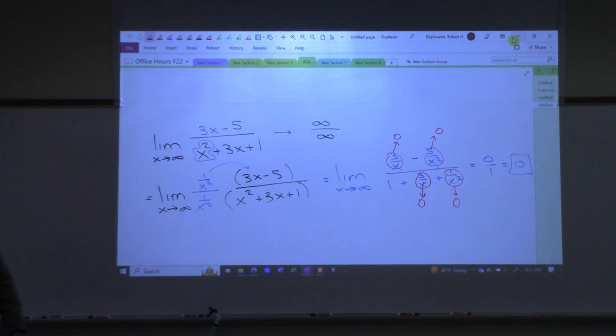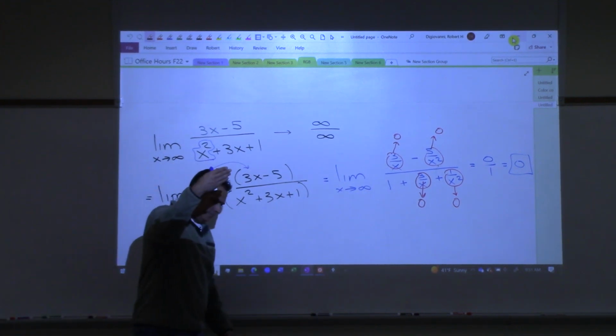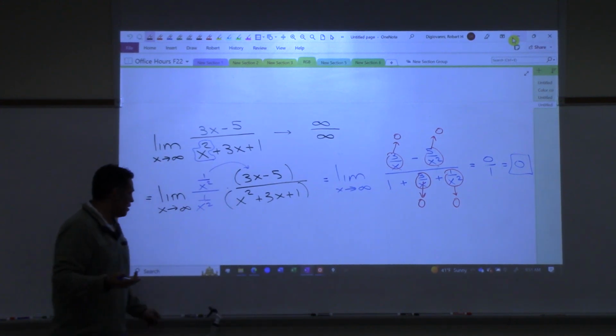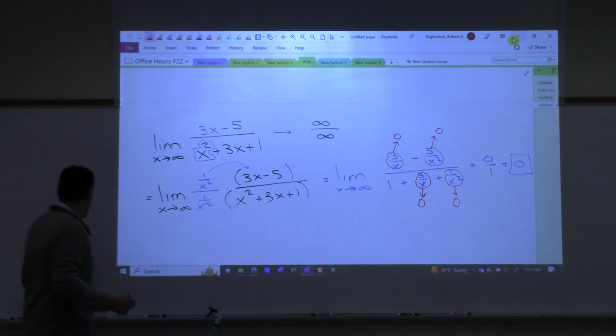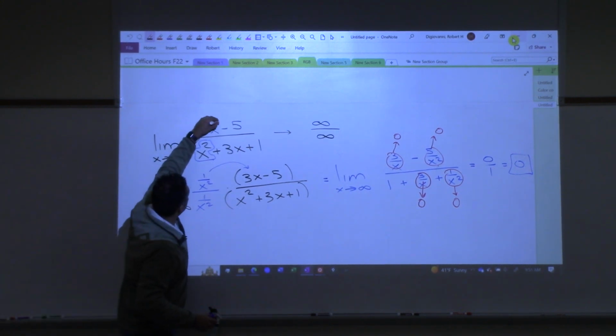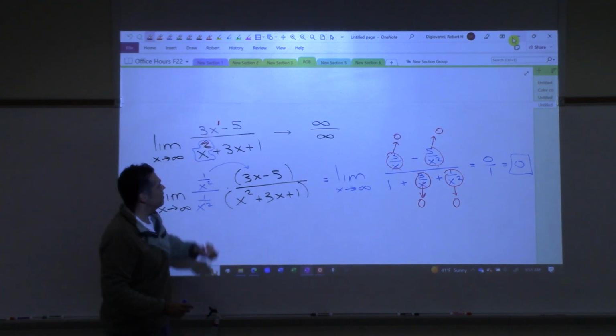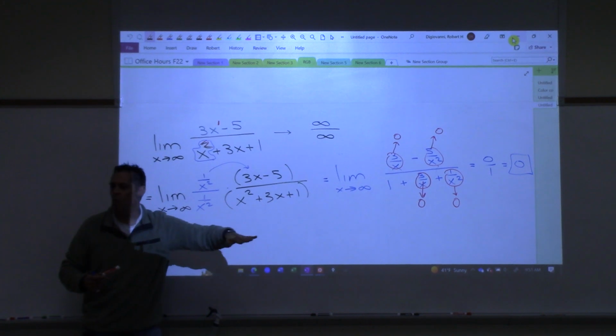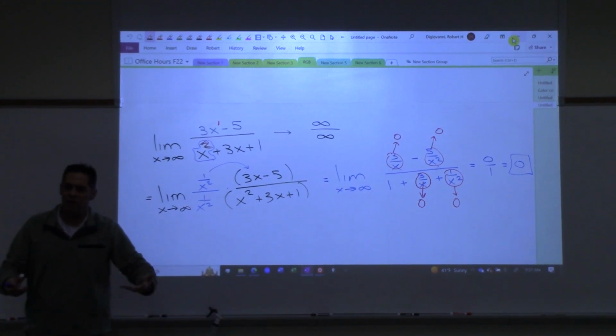Was there a question? That looks like a question. If the power on the bottom is bigger than the power on the top, is it always good? It's always 0. You learn that in algebra. In college algebra, you learn that. You say, hey, look, if you have a rational function, right, and the power on top is smaller than the power on the bottom, then your horizontal asymptote is the x-axis, or y equals 0. That's taught in college algebra.